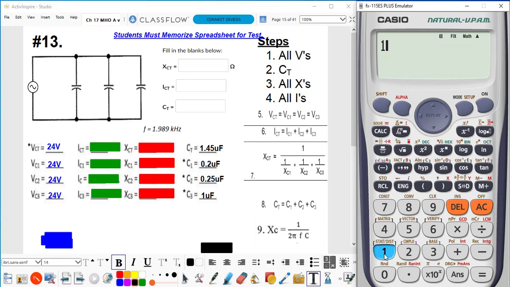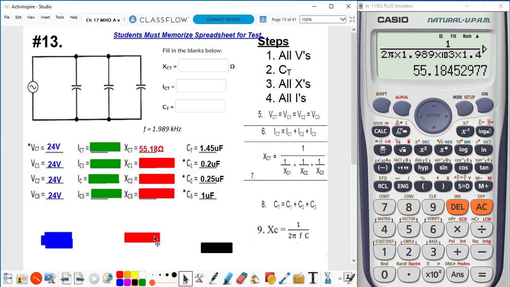Alright, so we're going to go 1 over 2 pi times my frequency of 1.989 times 10 to the third times my capacitance 1.45 times 10 to the negative 6. It equals 55.18 ohms.